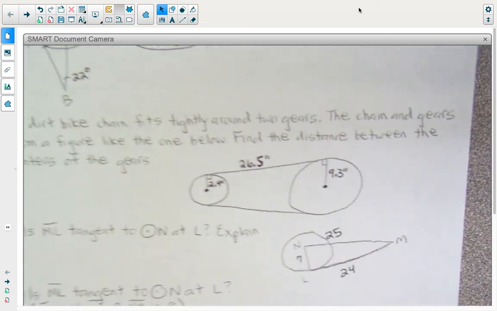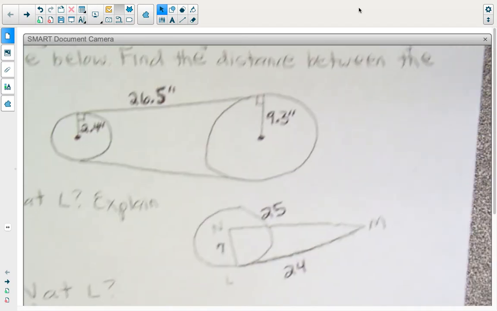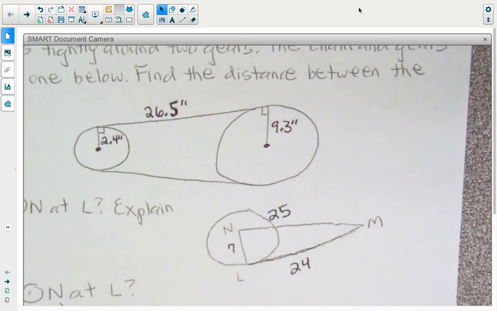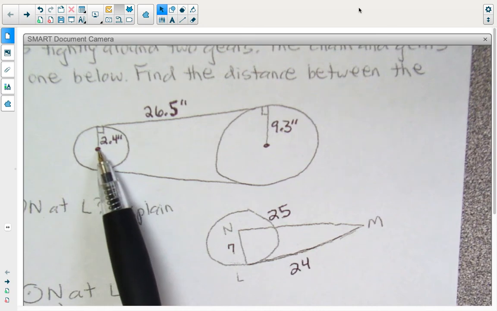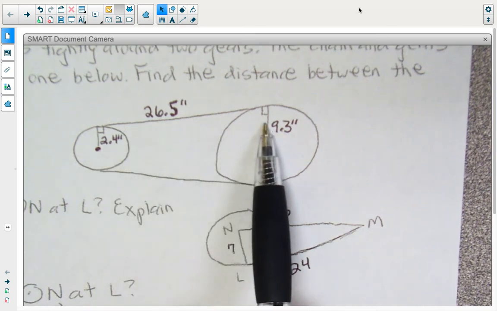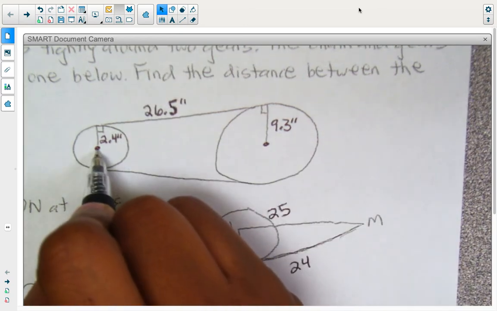Let's make this a shape that we are a little more comfortable working with, because right now we don't have everything we need. So let me zoom in. We've got the gears on a bike. I'm going to draw in a parallel line so that I have shapes we are used to working with, like rectangles and triangles. I'm going to draw a parallel line from the little one over here to this big one, trying my best to make it straight.